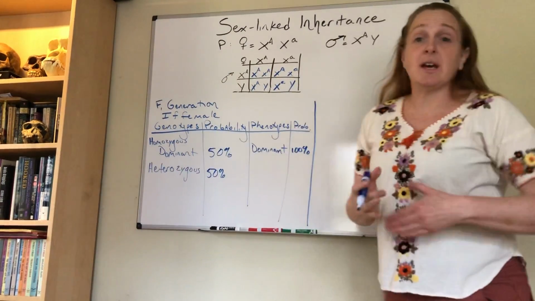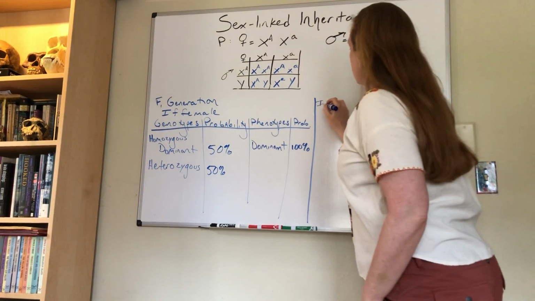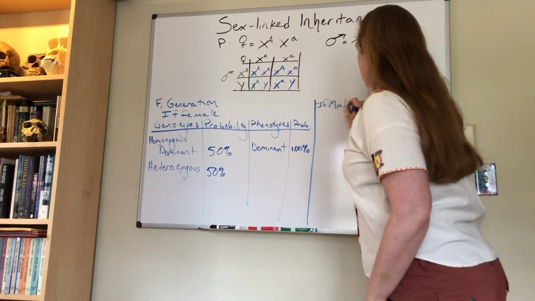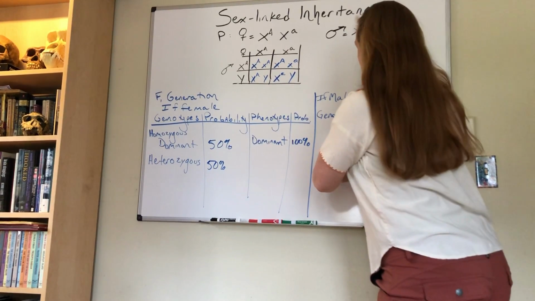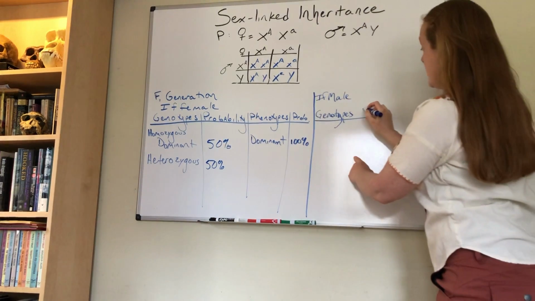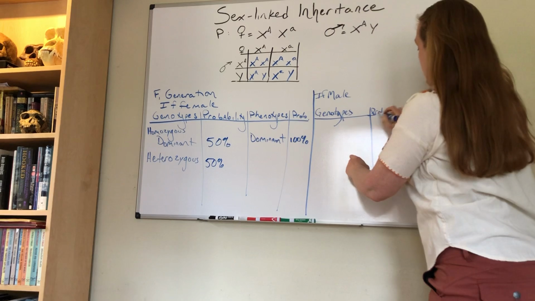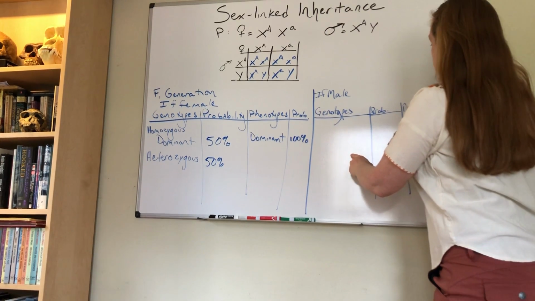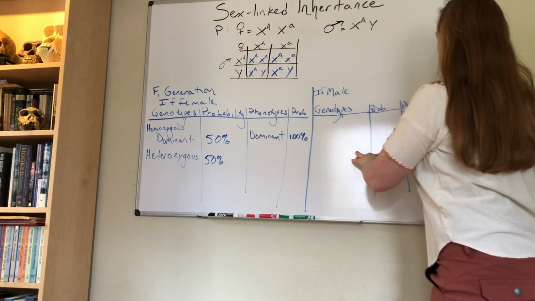Now I have to look at the other possibility. What if my diploid zygote were male? If my diploid zygote were male, what are the possible genotypes? Based on those genotypes, what are the possible phenotypes?